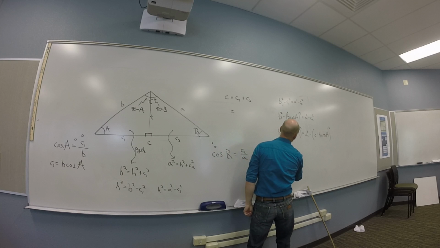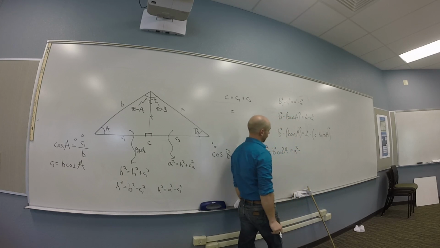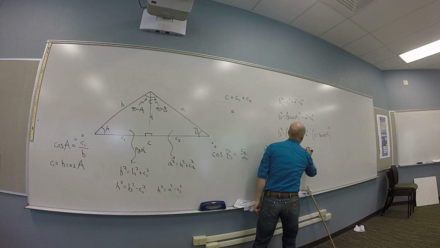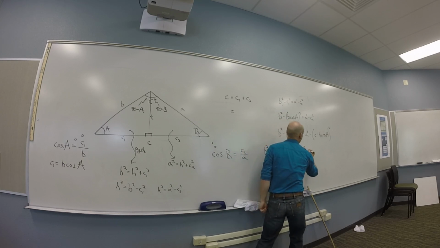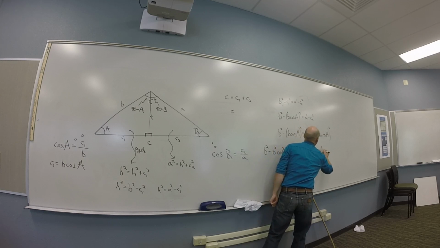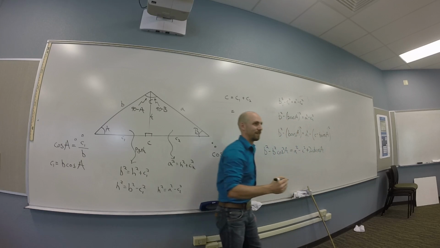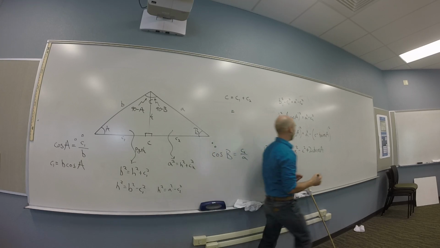And on the other side, I have an A squared minus C squared minus B squared plus 2CB cosine A.